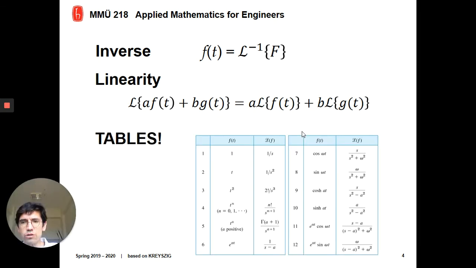You will be able to find lots of tables on the internet or in your book which give the Laplace transformations. So if you have some function f of t in terms of t, then the Laplace transform of that function, which is in terms of s, is given in different tables.